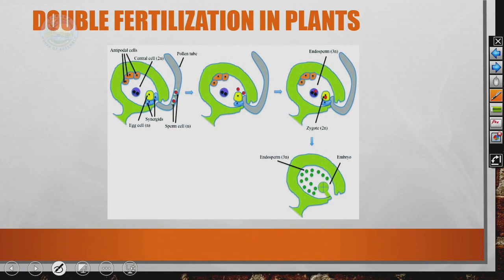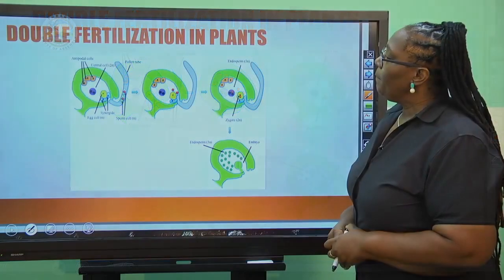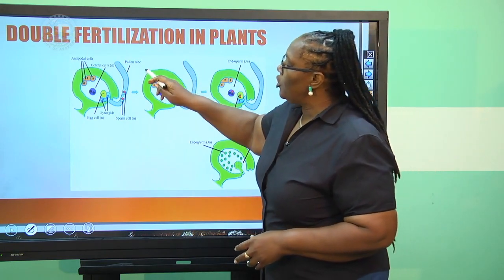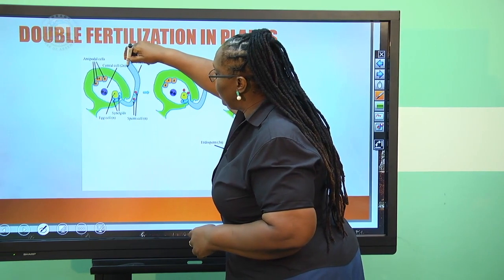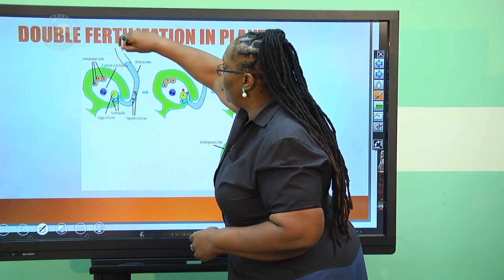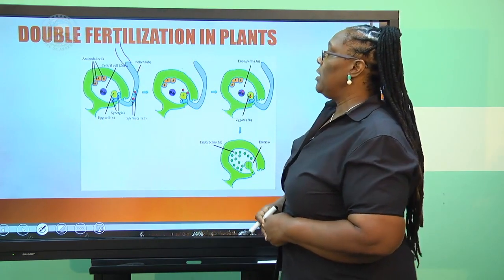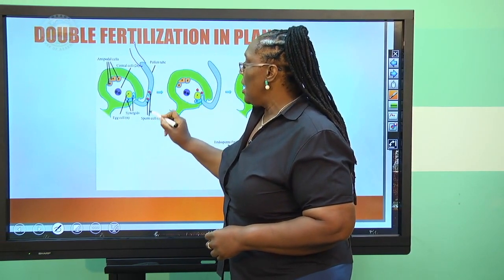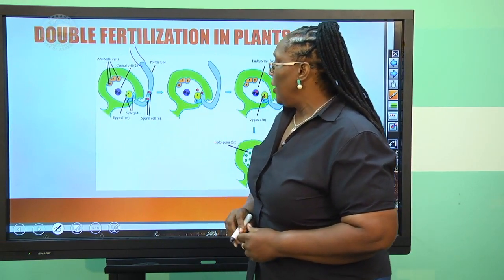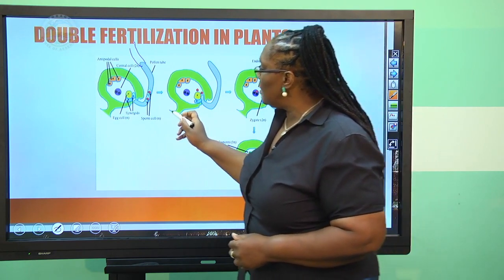Again, this is showing now double fertilization. Here, this would have been the pollen tube that would have come from the top. So this would have more or less been extended out to go up to the top of the stigma. And this tube, as you can see here, it is bringing down the 2 sperm cells.